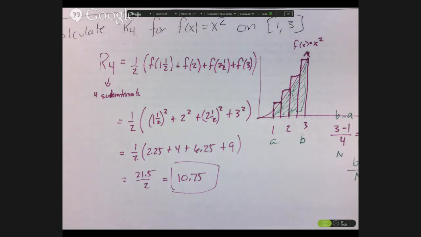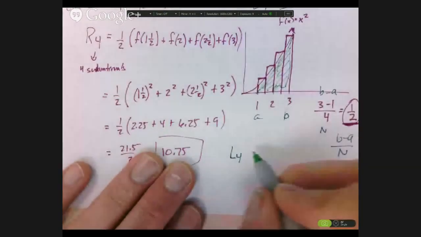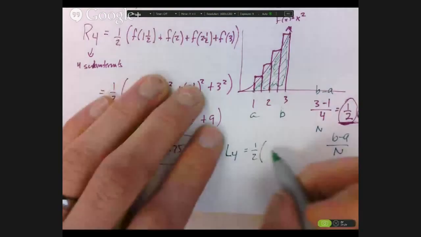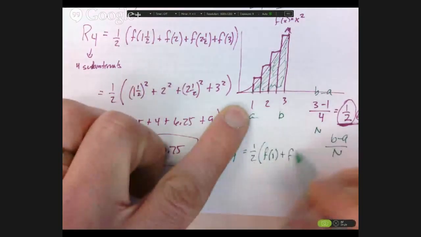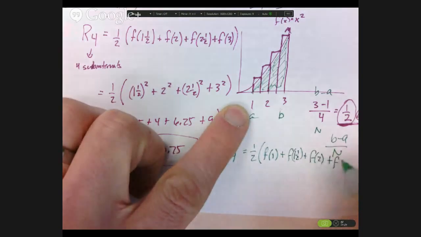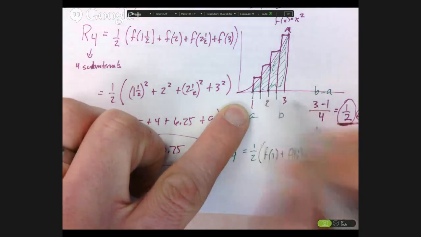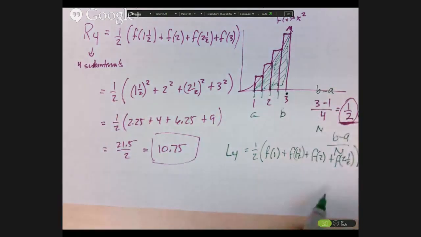So if it was L4, it would be f of 1 plus f of 1.5, f of 2, f of 2.5. Do I need f of 3? No, because that's 4 spots. We don't count the right side. So be aware of the left-handed endpoints as well.